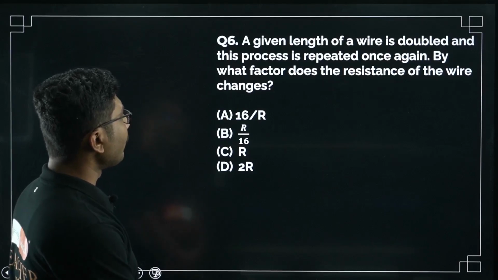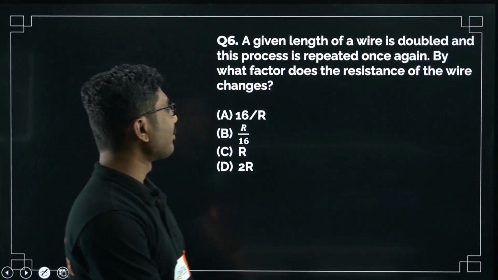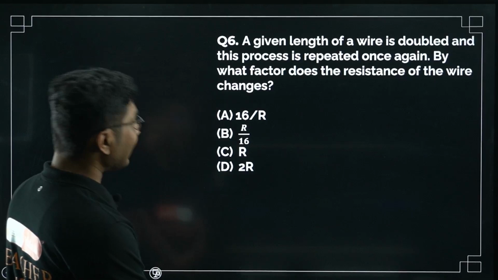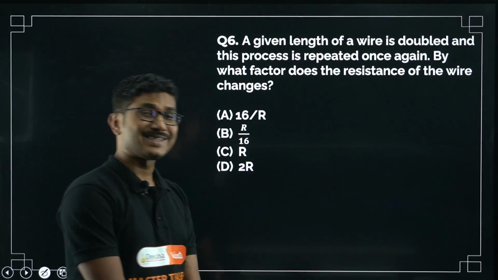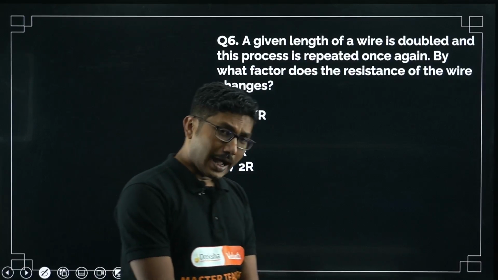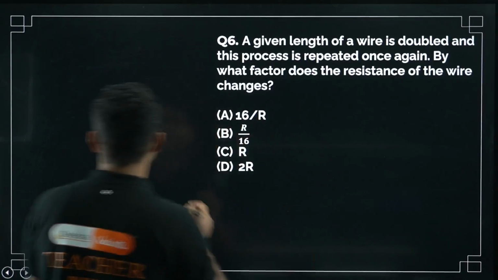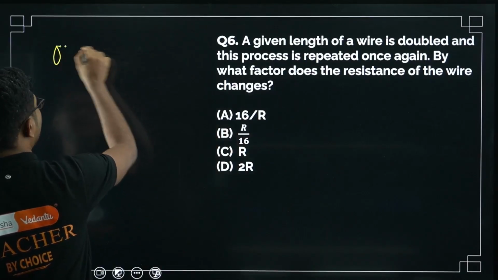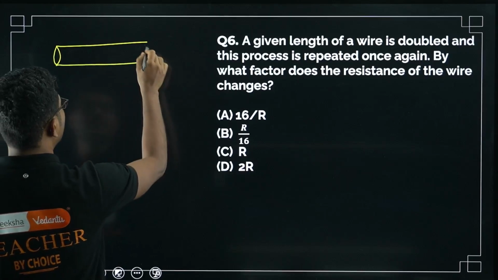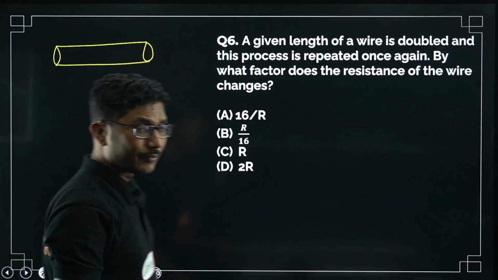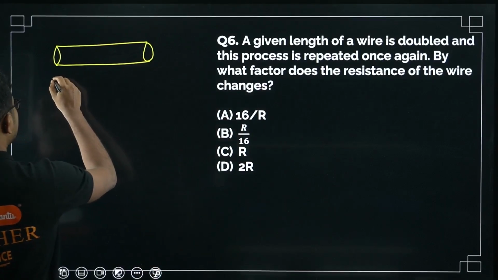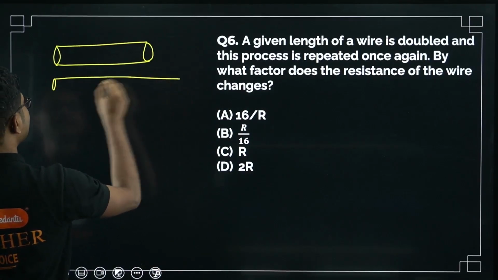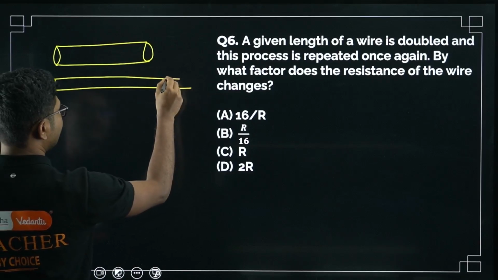A given length of wire is doubled and this process is repeated once again. By what factor does the resistance of the wire change? Very interesting question. You should remember that when you stretch the wire, its width decreases.